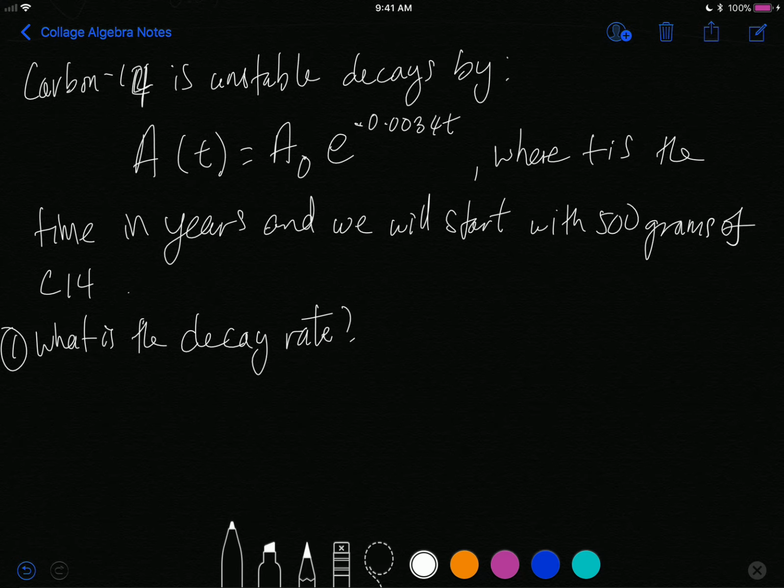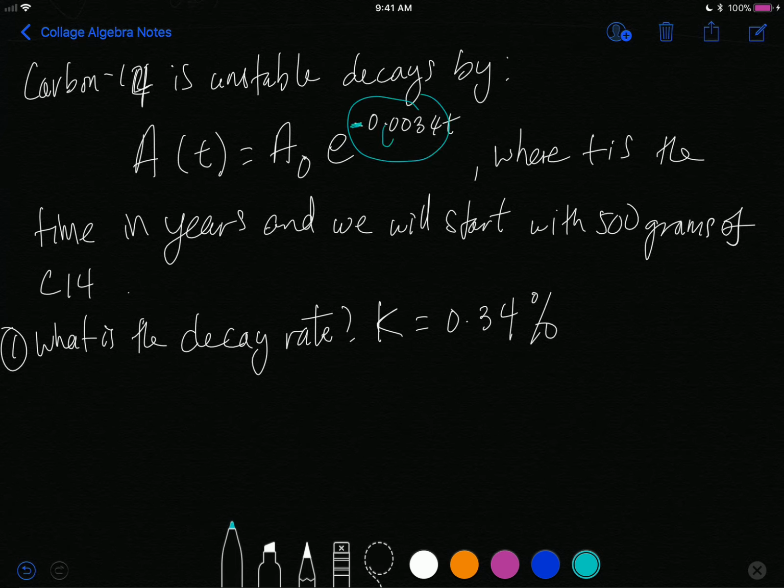Well, the decay rate is simply k as a percentage, so I'm going to move the decimal point twice, so it's going to be 0.34%. Because remember, this right here is your decay rate because it's a negative number.